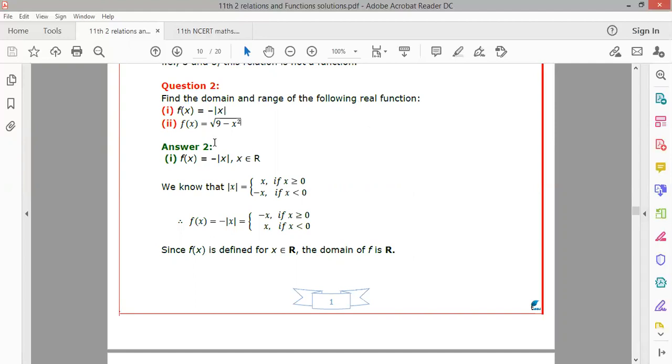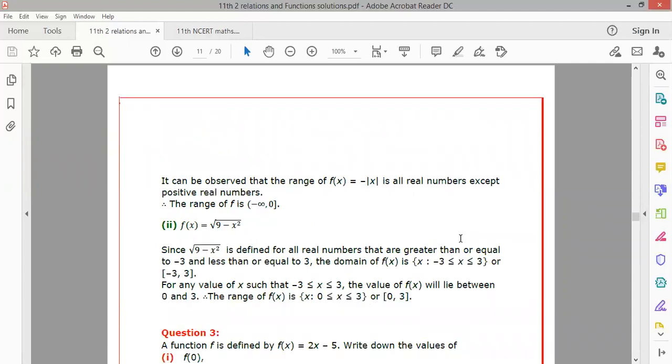We can check that it will be real for all those values that lie between minus 3 and 3. For all those values lying between minus 3 and 3, the function will be a real function. So this will be its domain. It will assume all the values between minus 3 and 3, with minus 3 and 3 included.